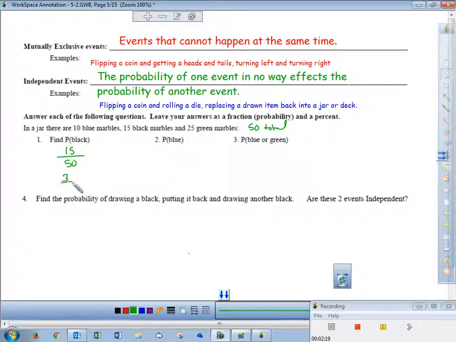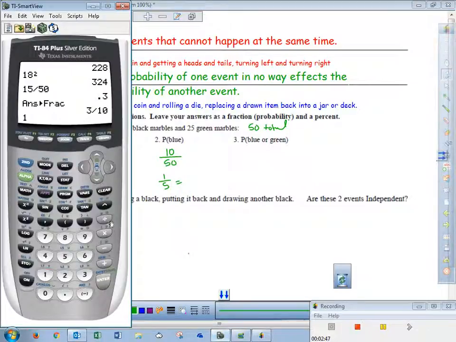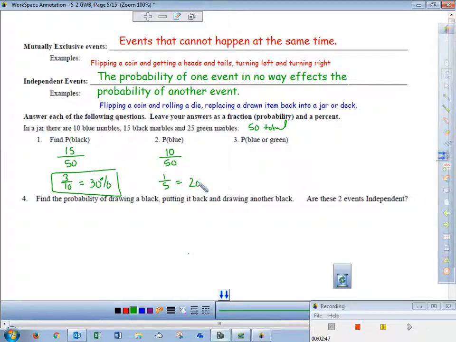So 3/10, which is 30%. So probability of a blue would be 10 out of 50, which reduces to 1/5 because the zeros just cancel. And if you need to punch that in, you can. 1 divided by 5 is going to give you 0.2, which is a 20% chance.